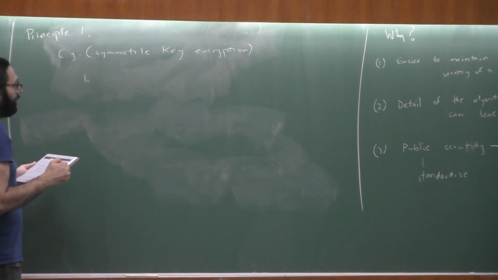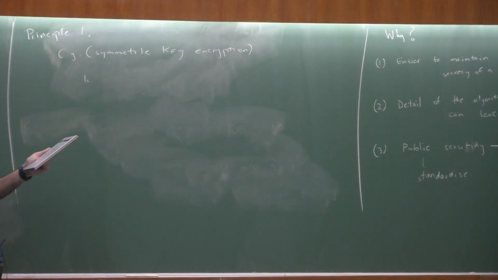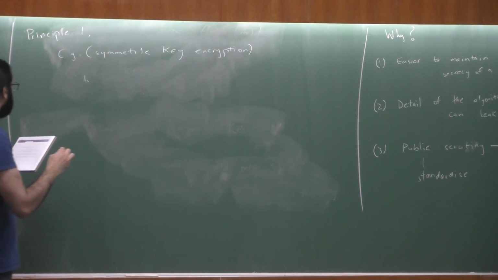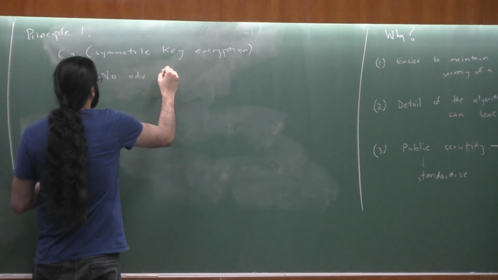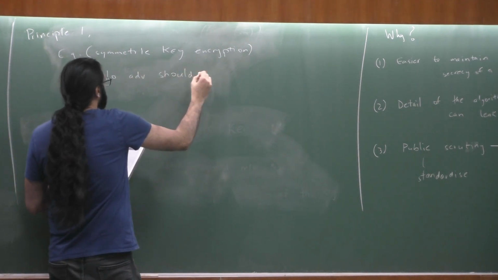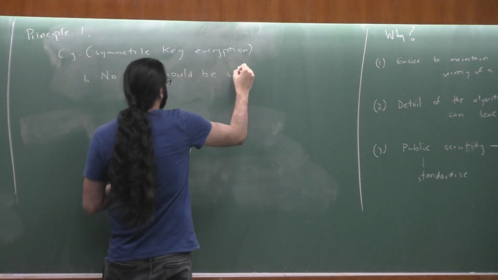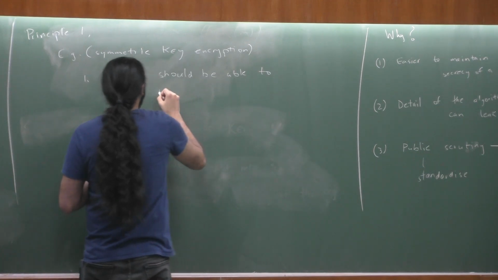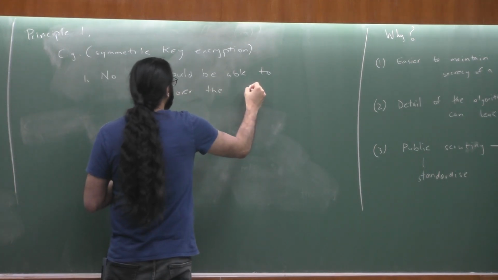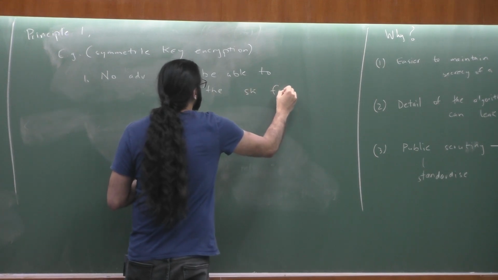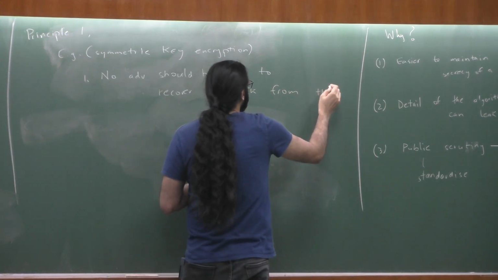Often if you ask people what the notion of security should be, one of the answers that you might get is that no adversary should be able to recover the secret key from the ciphertext.